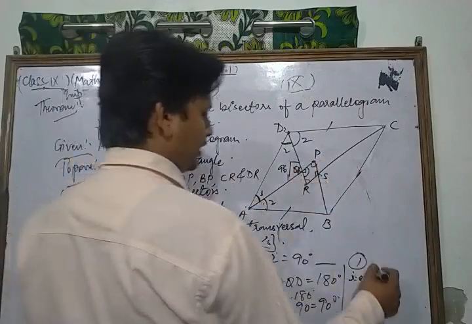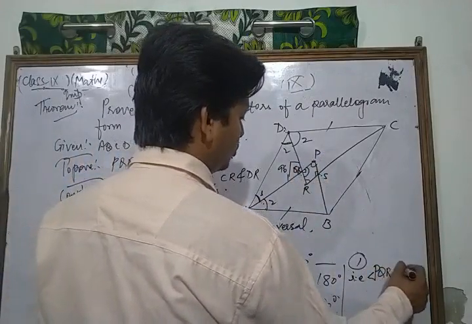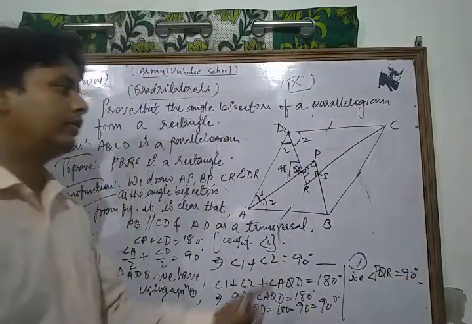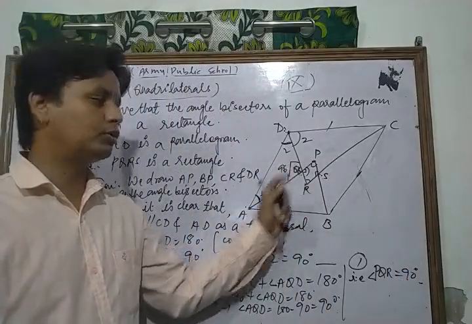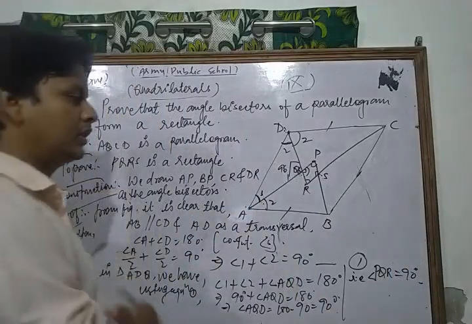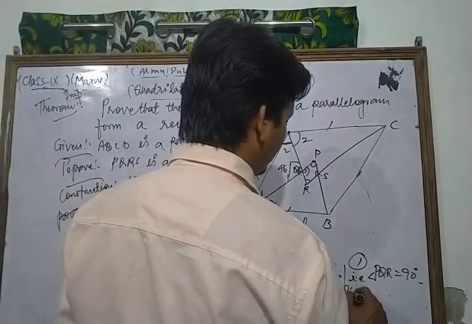So this angle is equal to this angle also, because these are vertically opposite angles. That is, angle PQR is also 90, and we know that vertically opposite angles are equal to each other.